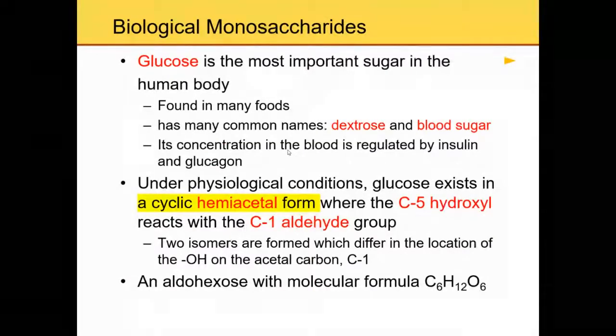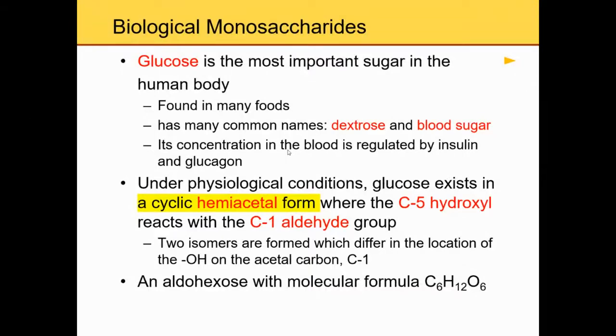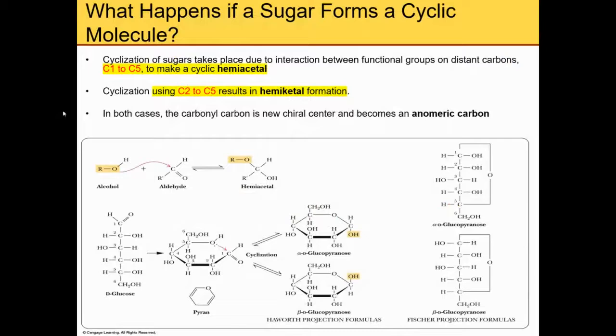Glucose is the most important sugar in the human body. It has many common names, such as dextrose or blood sugar. Under physiological conditions, glucose exists in a cyclic hemiacetal form. That means the carbon 5 hydroxyl reacts with the carbon 1 aldehyde group, C1 and C5, so it will be here, a hemiacetal.